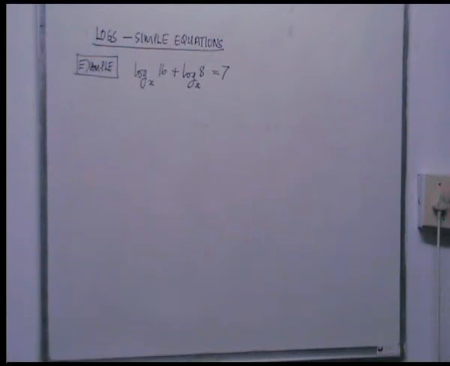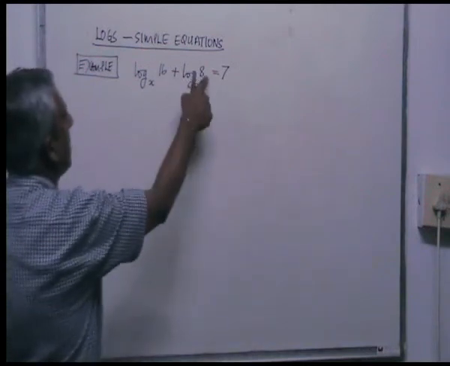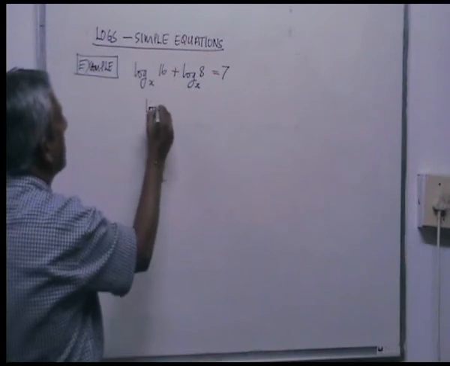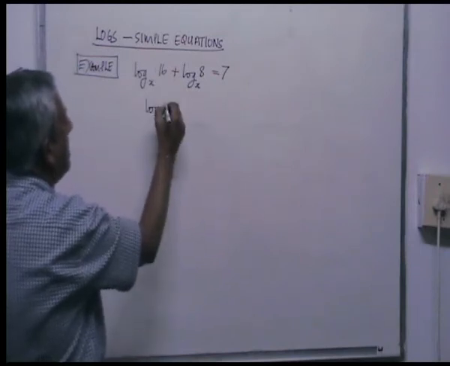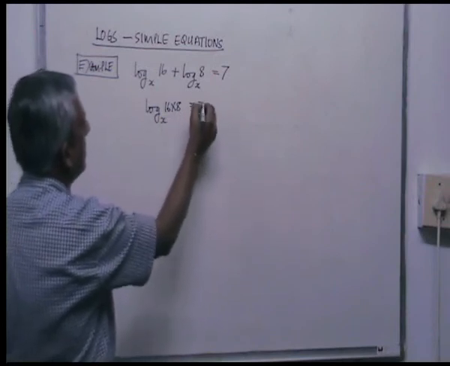What you will do then is just apply the log laws. You've got 6 laws or 6 rules at your disposal, and you can use them. So you can see that I'm allowed to multiply these two. That's log of 16 times 8 to the base x is equal to 7.